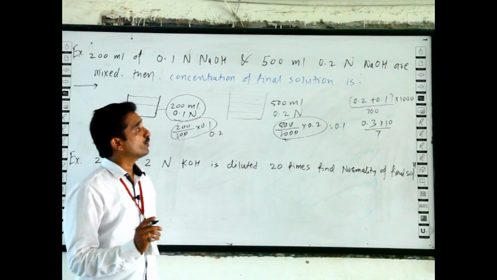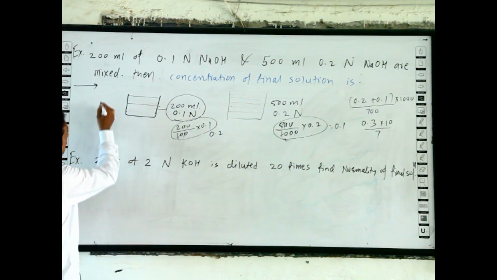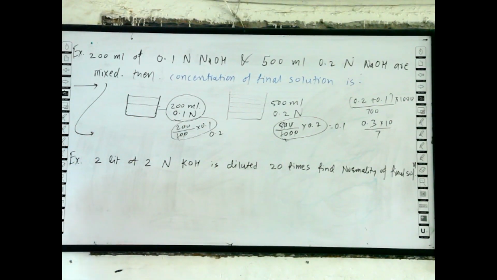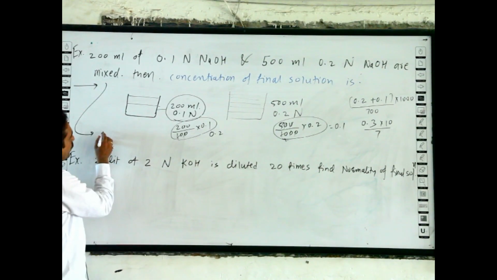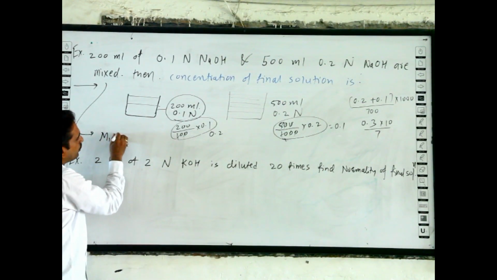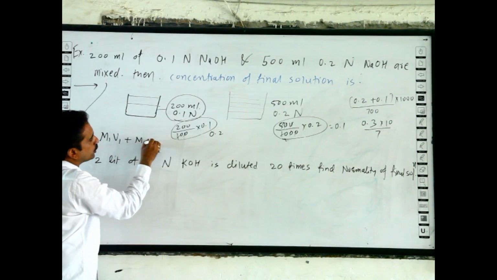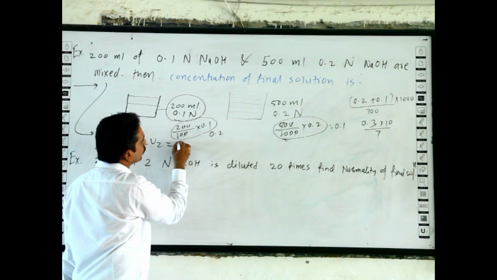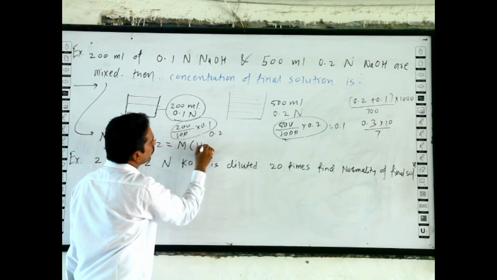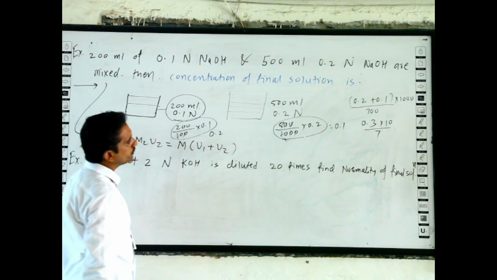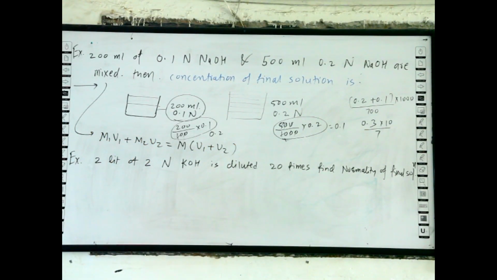Here is the new formula for such mixing-type calculations: M1V1 plus M2V2 equals M into V1 plus V2.